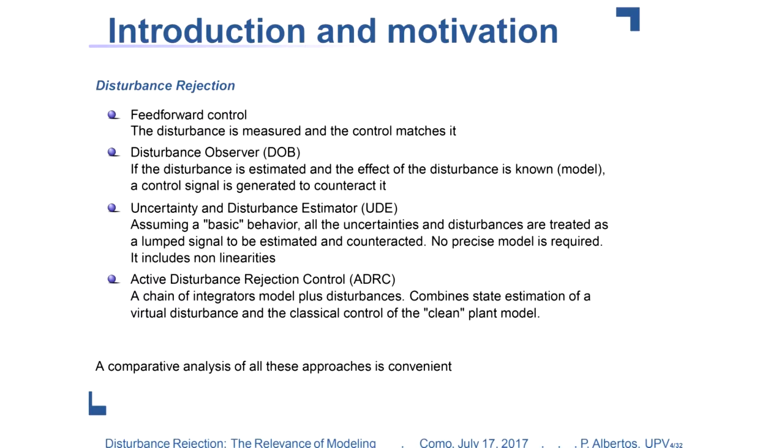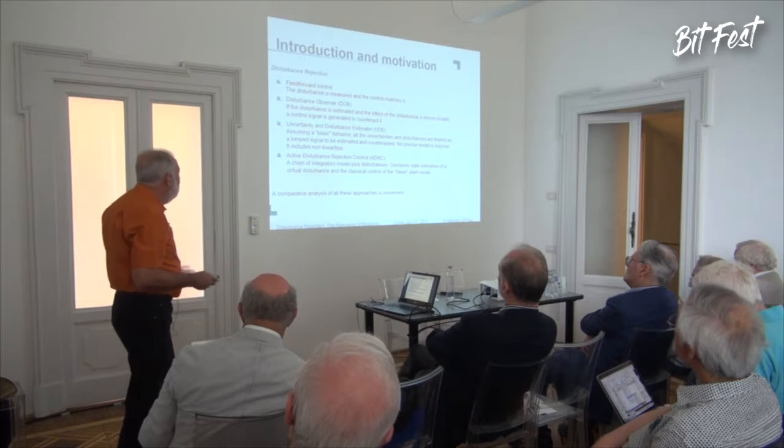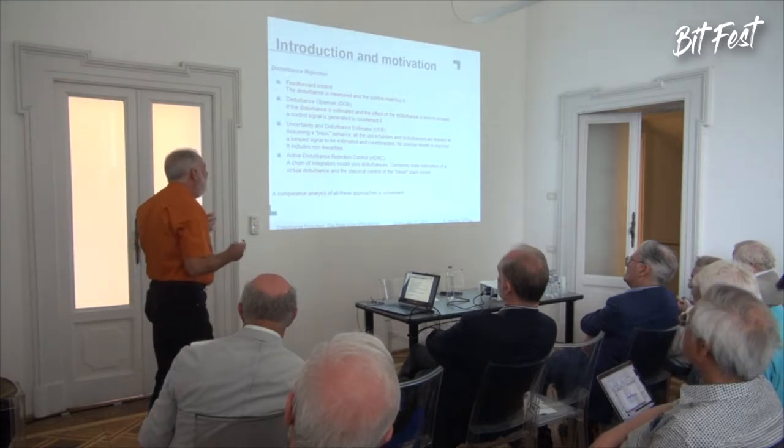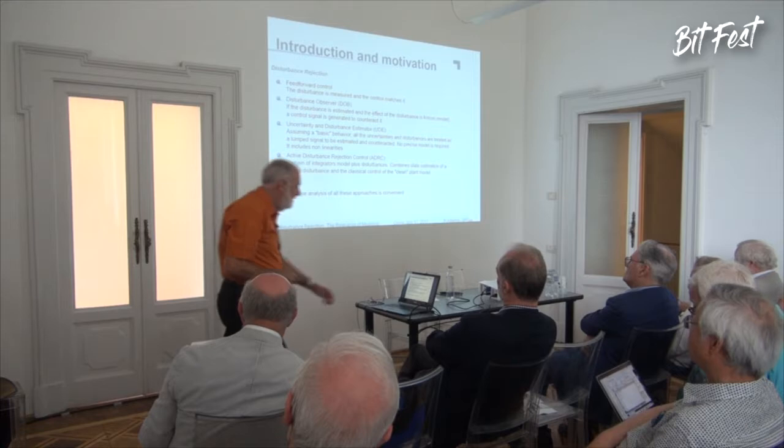And then I will say a few words about what is presented nowadays as a panacea for solving the problem of disturbance, which is active disturbance rejection control. It has many followers and many applications, but we will see that something is not clean for me in this approach.